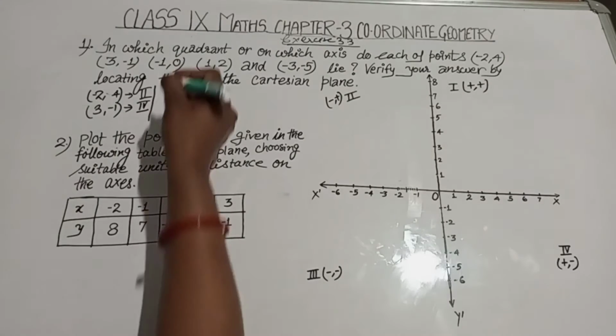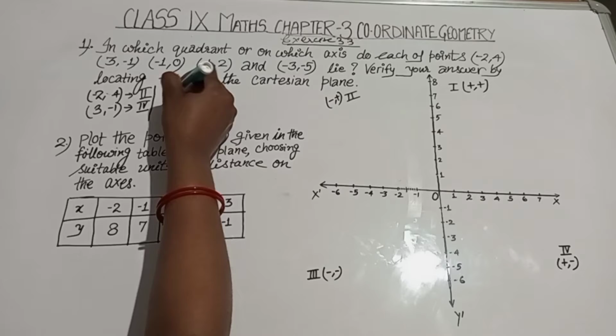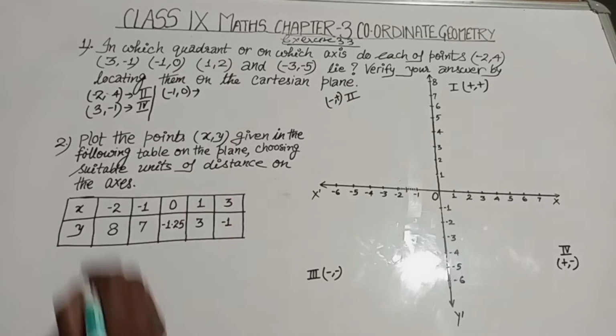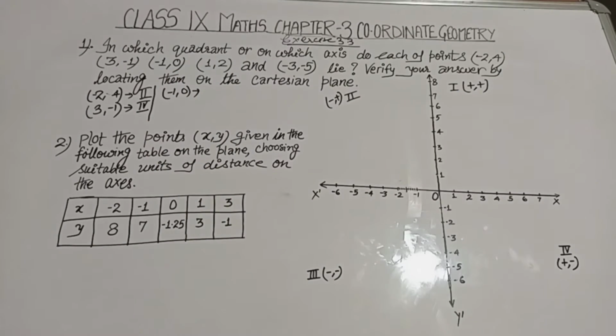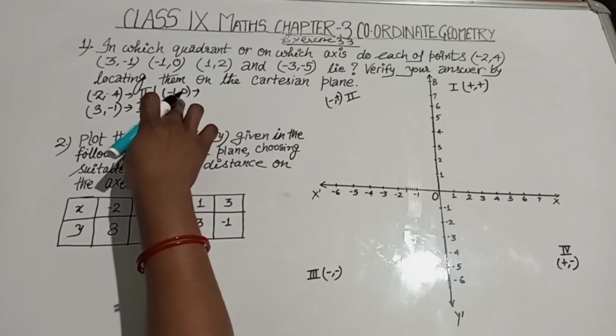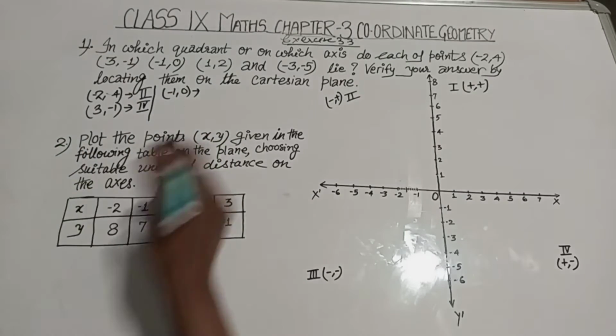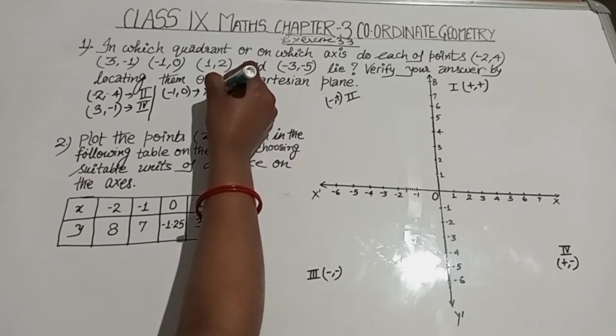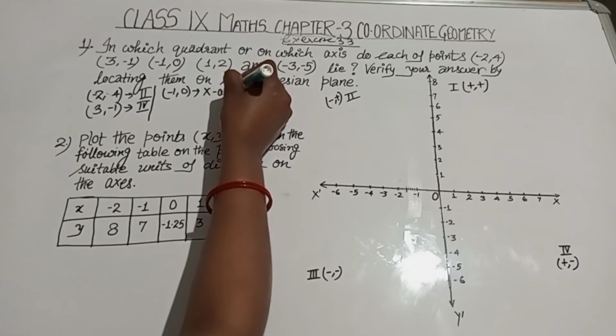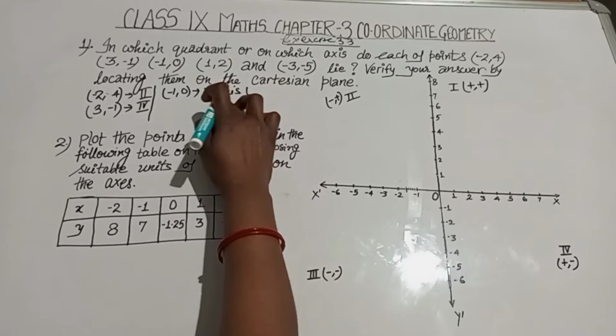Okay, next -1 and 0. So 0 means axis. When y is 0, it means it is on the x axis. So it is the x negative axis.